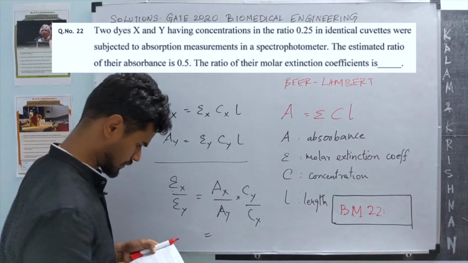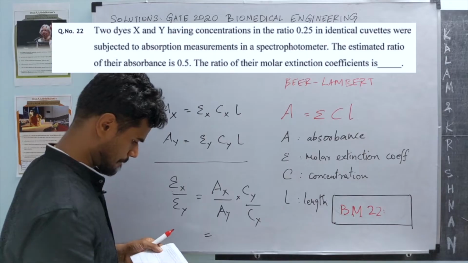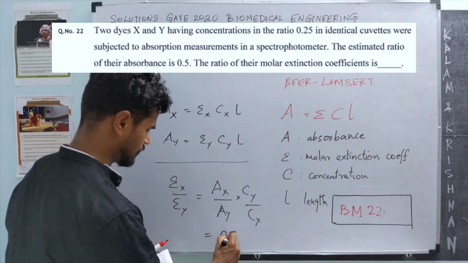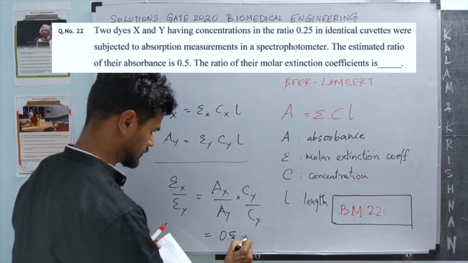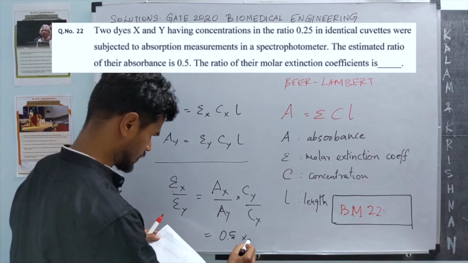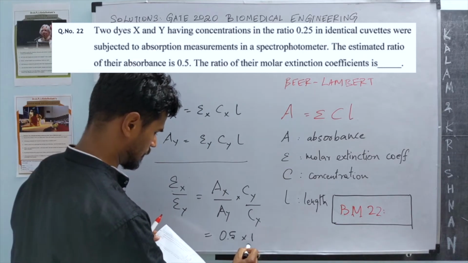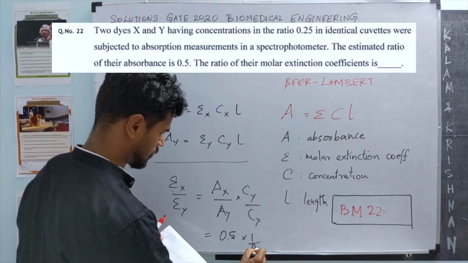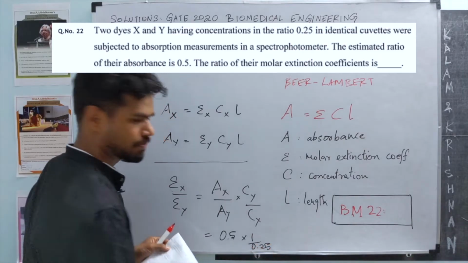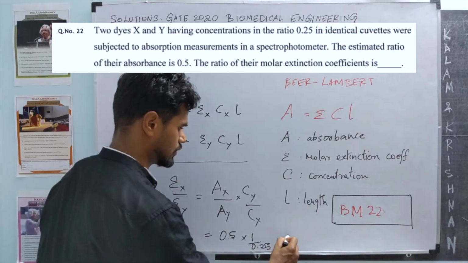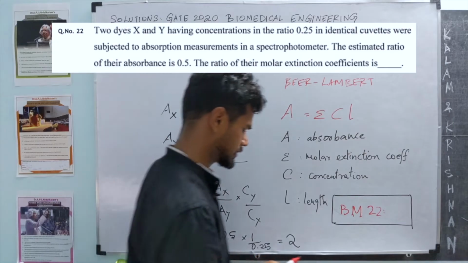So this is 0.5 times 1 by 0.25. This is 2. So the answer here is 2.